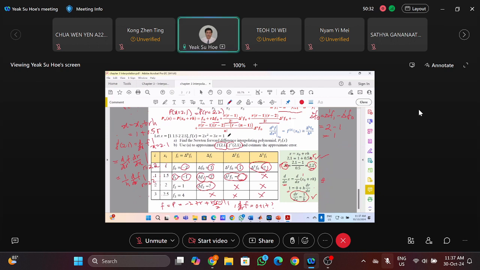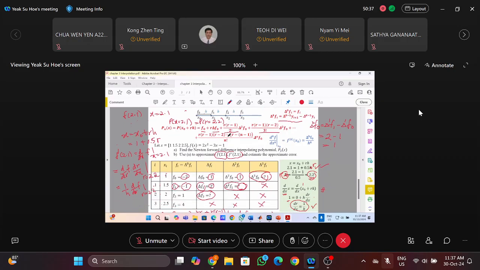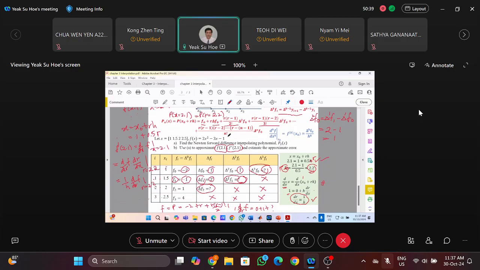So for this Newton forward difference, your first step, after you do the exercise, is to create the table. This f function is experiment data that comes from this function, so you substitute the x inside, then you get the function data.